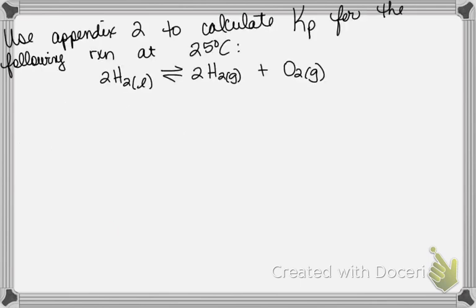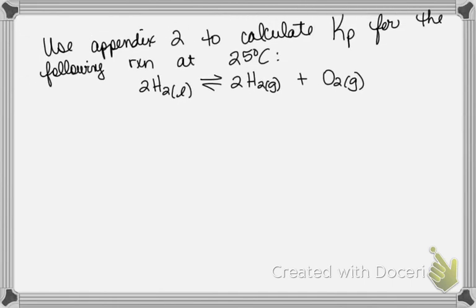So what I'm going to do is use that formula, and I'm going to look these up in Appendix 2. Oh, that doesn't make sense, does it? Because this is supposed to be water. Let's redo that. 2 H2O liquids. Now that makes sense. Okay.